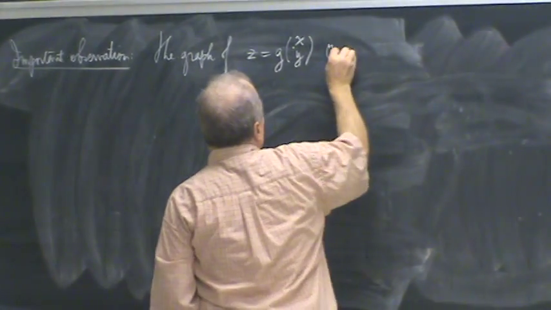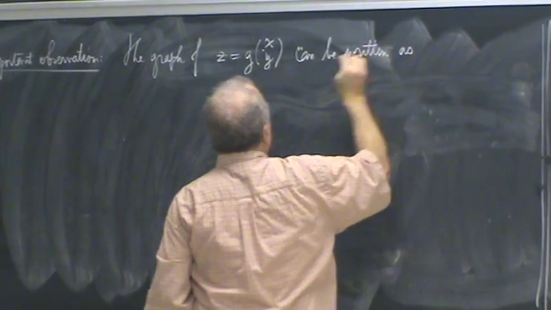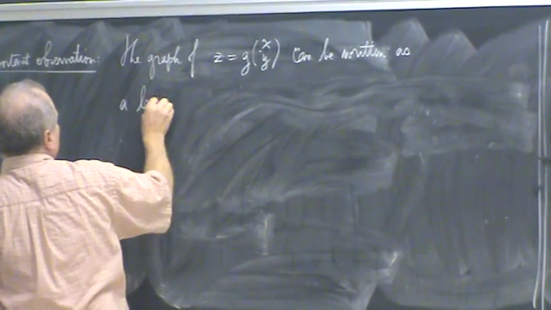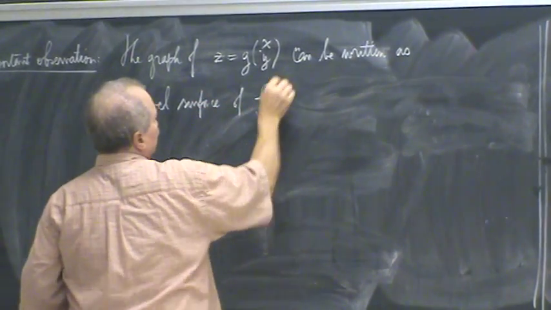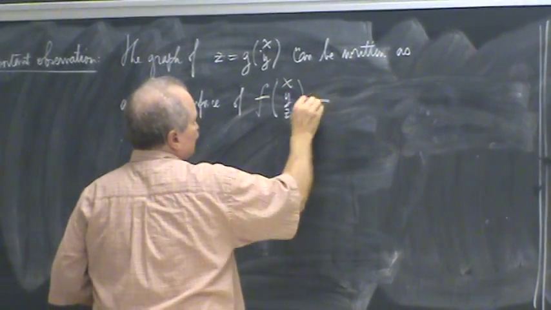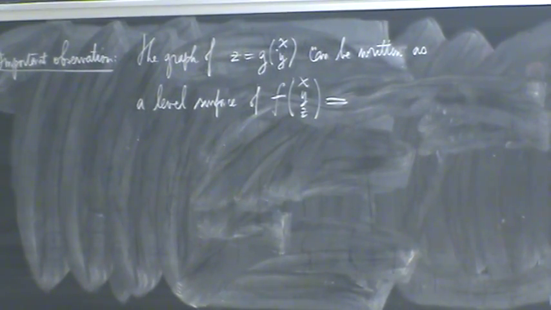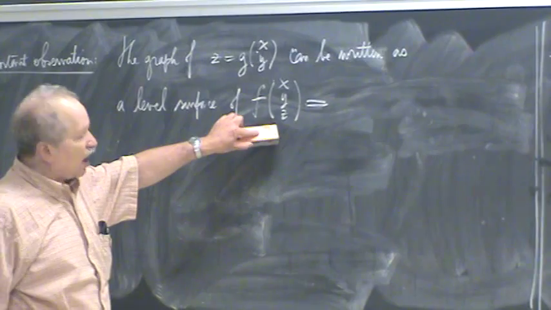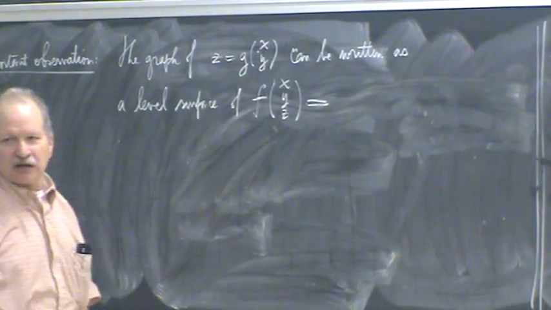Can I write that as a level surface? Can you give me a function that's constant when z equals g of x, y?